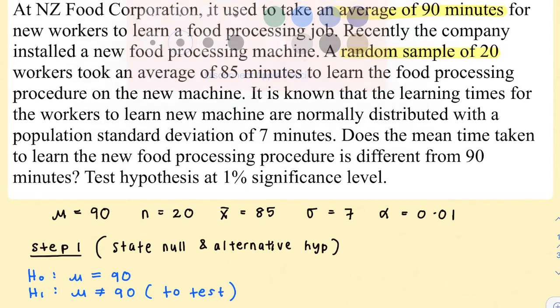So you have the word different here. Different means your symbol will be not equal. The statement that you want to test is your alternative hypothesis because you don't have any equality symbol here. Then your null hypothesis will be the opposite symbol, which is mu is equal to 90.